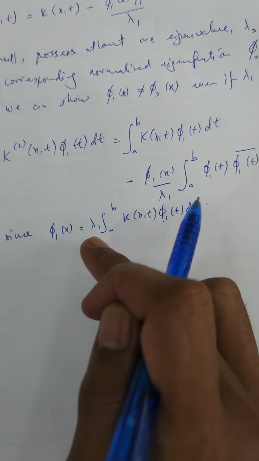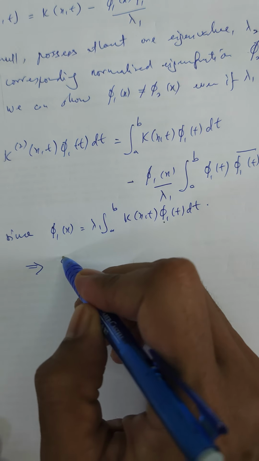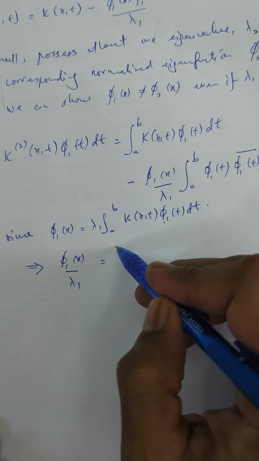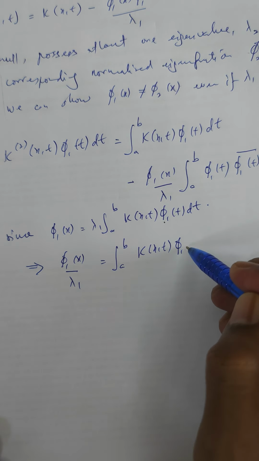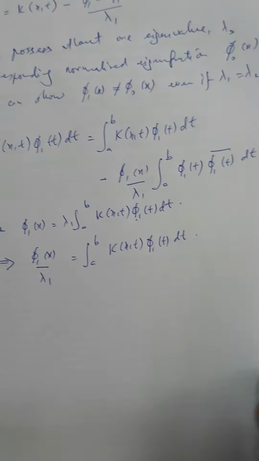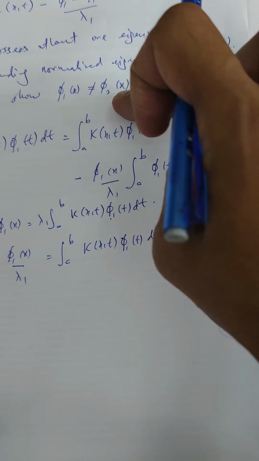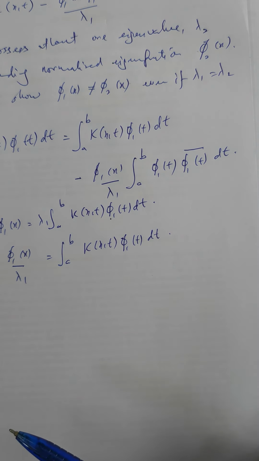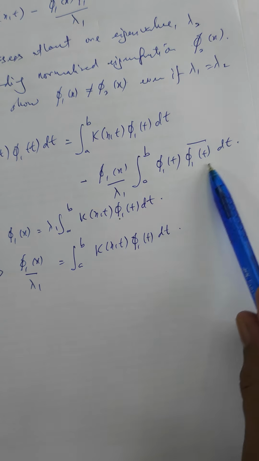Of course, you can bring those lambda to the left side. So we have phi 1 x over lambda 1 equals the integral from a to b of k x t phi 1 t dt. Then you can substitute in here, and since this is a normalized orthonormal eigenfunction, that gives you 1.